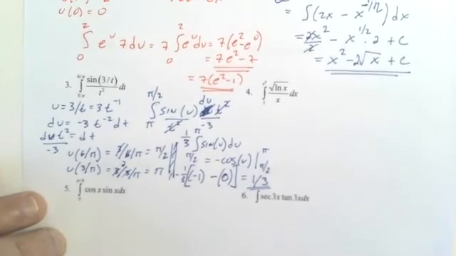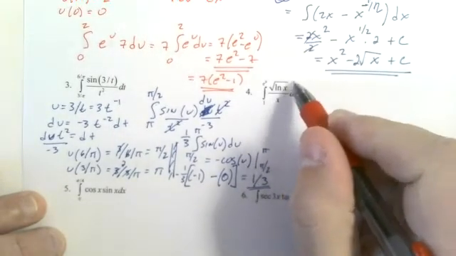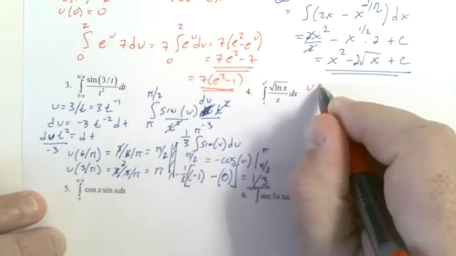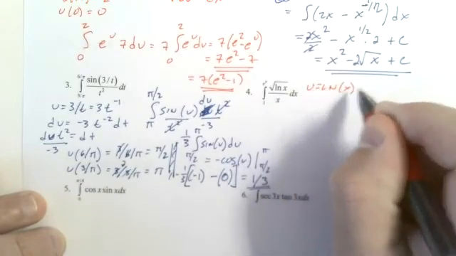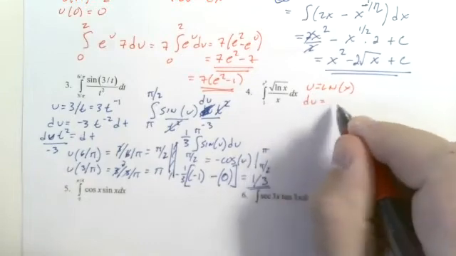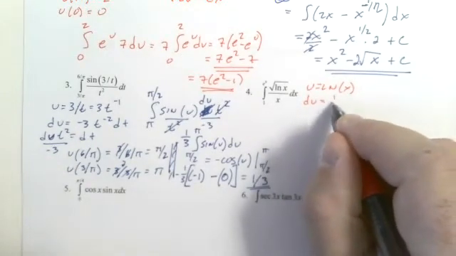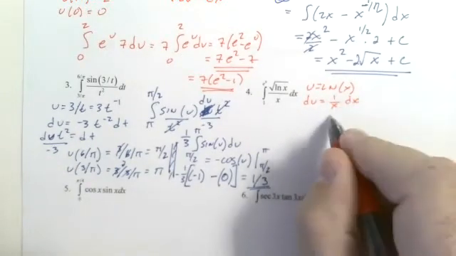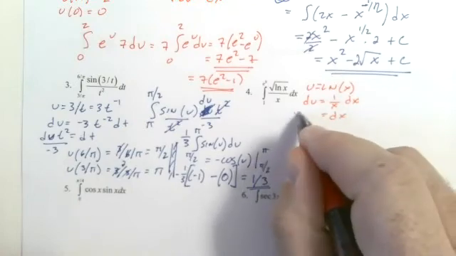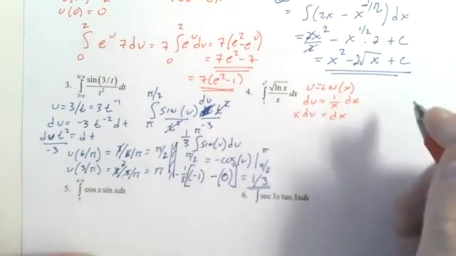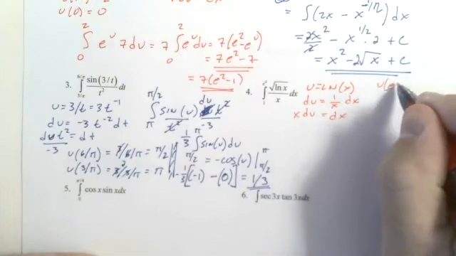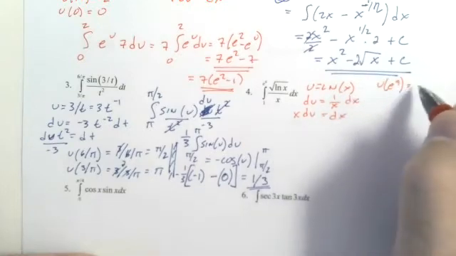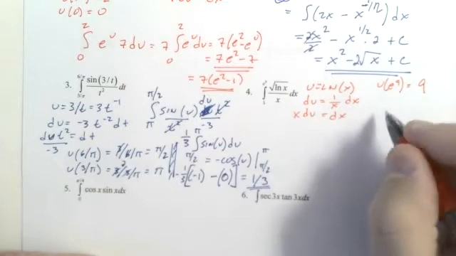All right, so what's going on here? No idea. I know the derivative of ln of x is 1 over x. Let's try that. U equals ln of x. Du equals 1 over x dx. Dx equals x du. U of e to the 9th is ln of e to the 9th, 9.